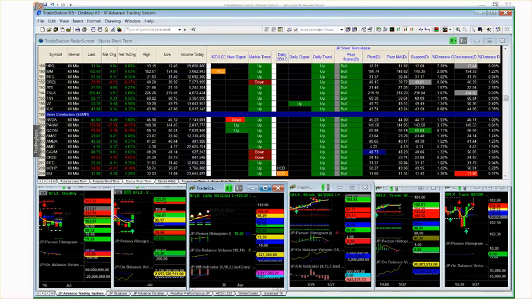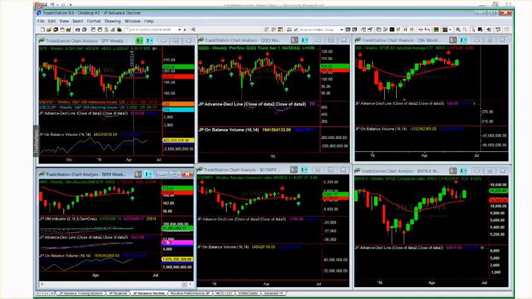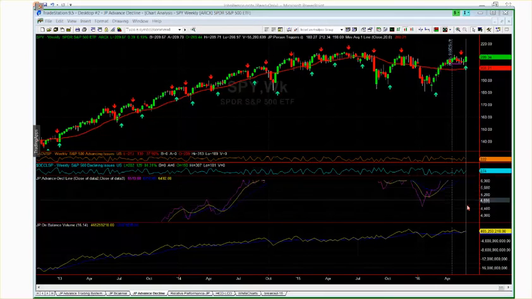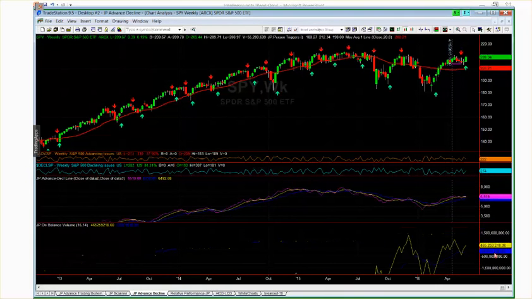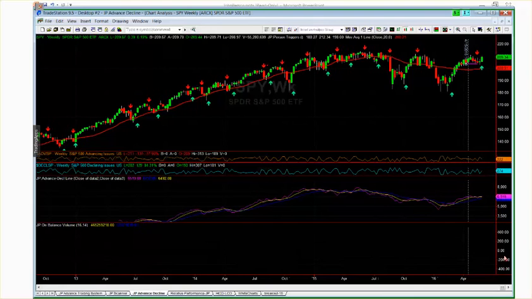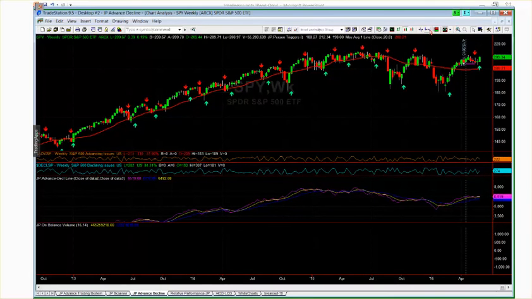But we are absolutely seeing, between looking at the advanced decline analysis, another technique which I find extremely, extremely powerful is to look at the advanced decline analysis on not just the NYSE, but all the stock indices, and to compare the type of volume that we're seeing on an accumulative basis.